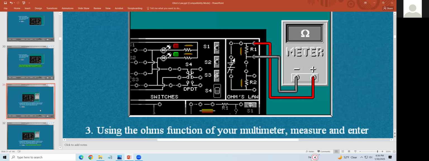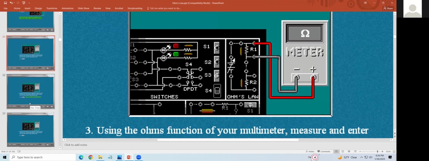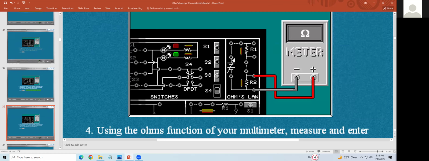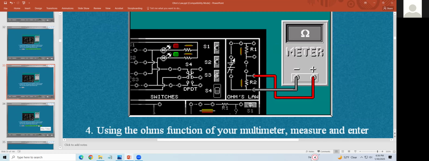Now, what they want: using the meter, connect R1, or using the meter, connect R2. You see that? I believe you can do it, no problem. The meter gives you the value, right?